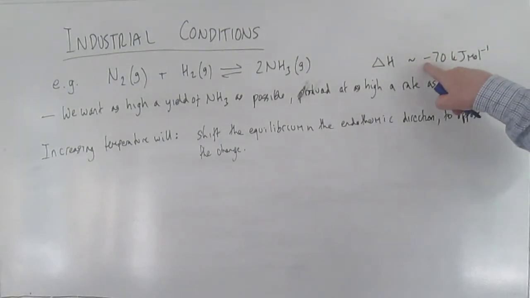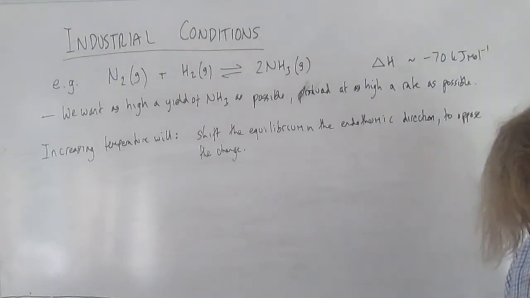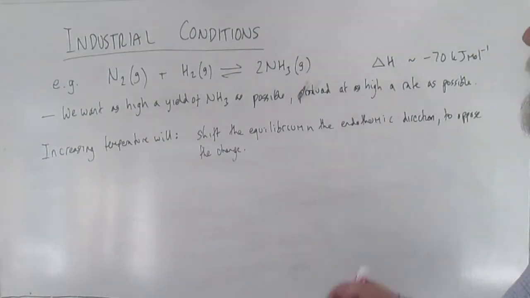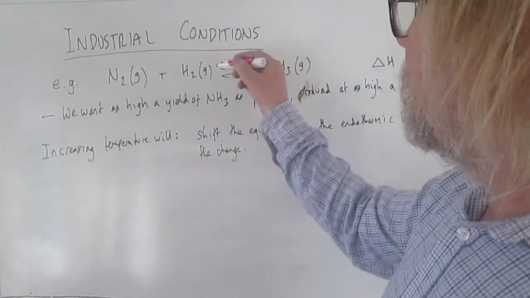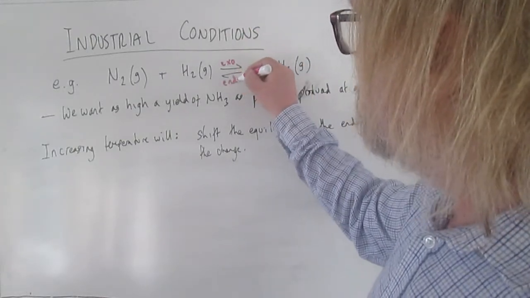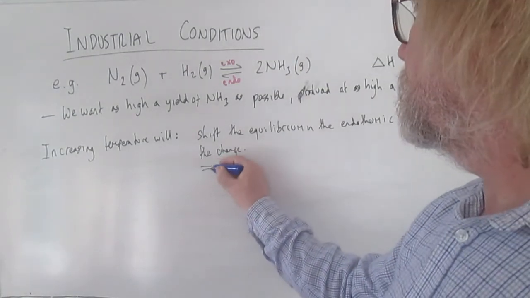Which is the endothermic direction? Remember, that minus sign tells you that the forward reaction has the negative delta H, so the forward reaction is exothermic, the backward reaction is endothermic. So it's going to shift in the backward direction in order to oppose the change. So you have to spell that out.